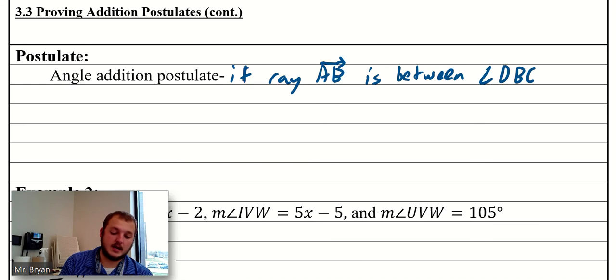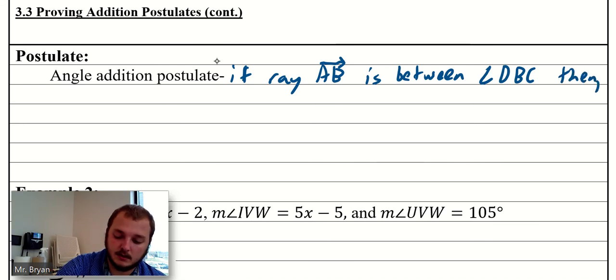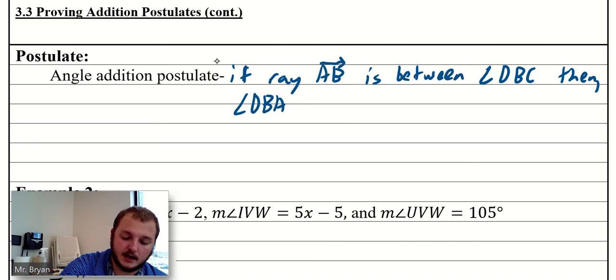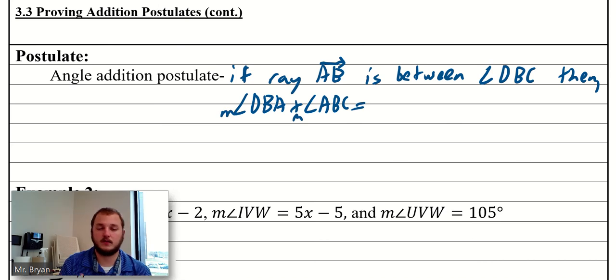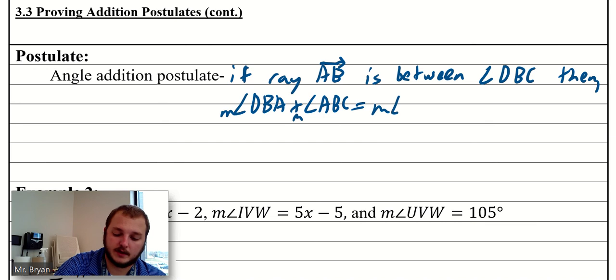But if ray AB is between angle DBC, then what I can say from this is the piece plus the piece is going to equal the whole thing. So I'm going to say angle DBA plus angle ABC, and really it's the measures of them, is going to equal the whole thing, which we already said the whole thing is angle DBC.